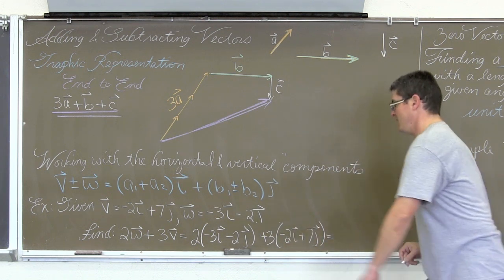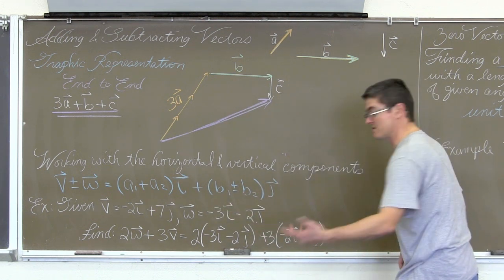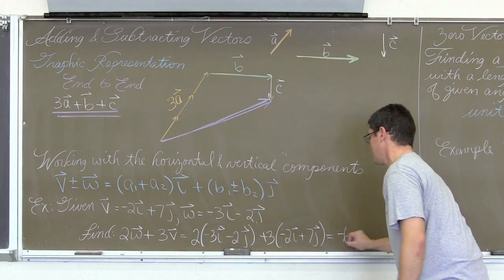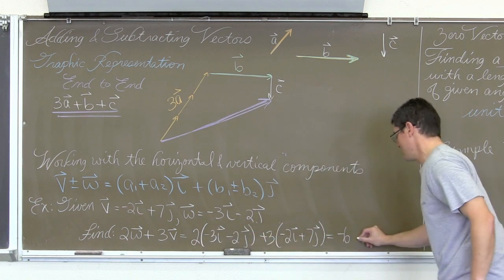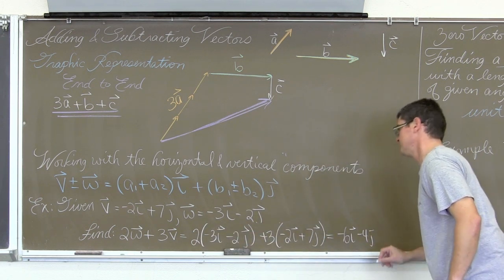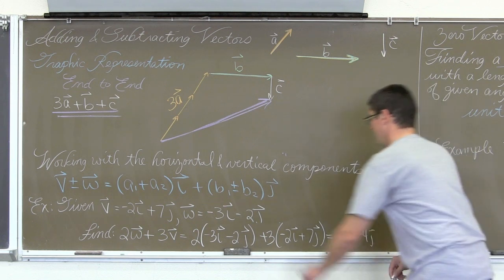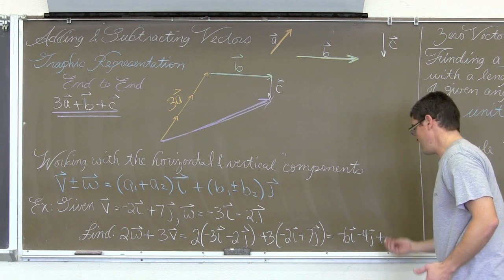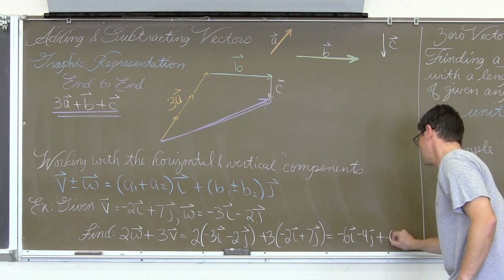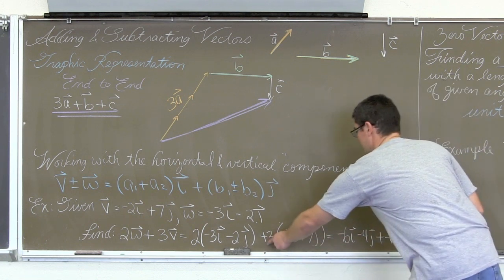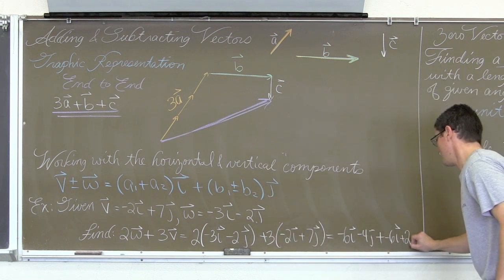That comes out to be, and you just distribute through the parentheses, so 2 times negative 3 is negative 6i. 2 times negative 2 is negative 4j. And then plus, positive 3 times negative 2 is negative 6i. And 3 times 7 is 21j.